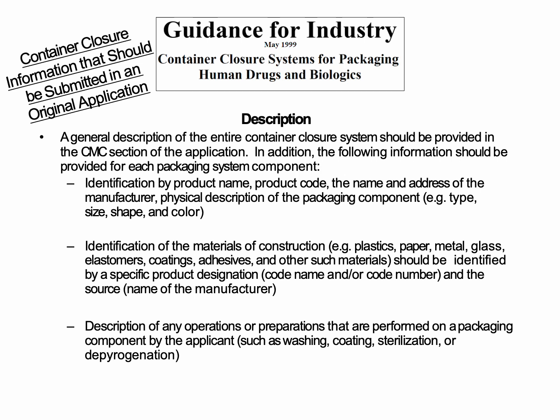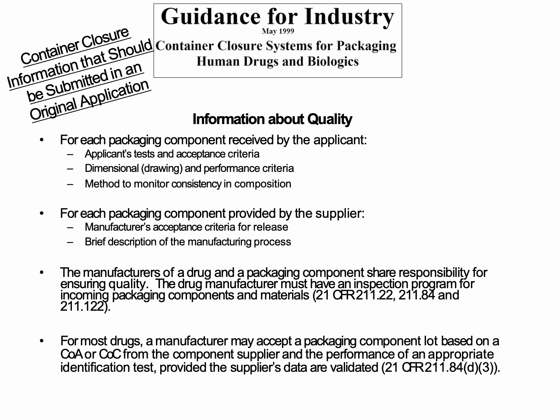Now when we talk about the description in the guidance documents, we are talking about the general description of the entire container closure system that you need to provide. This is the first item that we looked at in the previous slide. The next item that we saw was about the safety. The safety is going to be added into a second section of your report, where you give information about the safety and the quality.